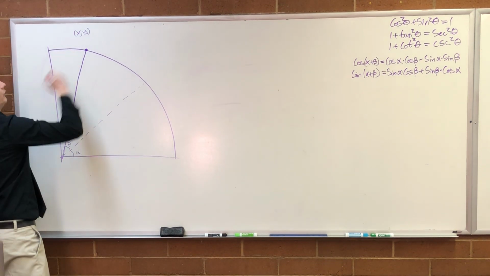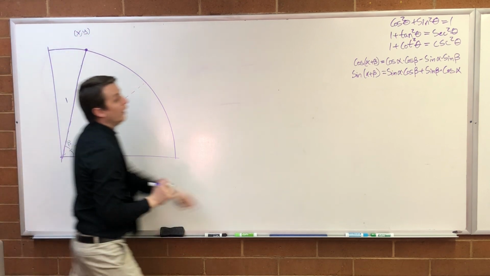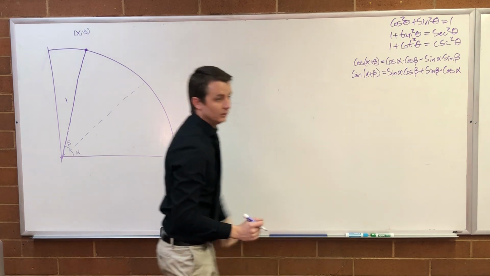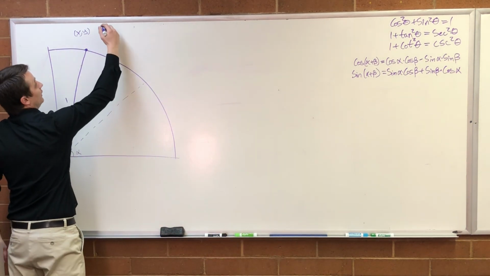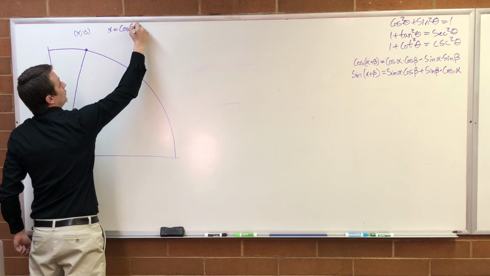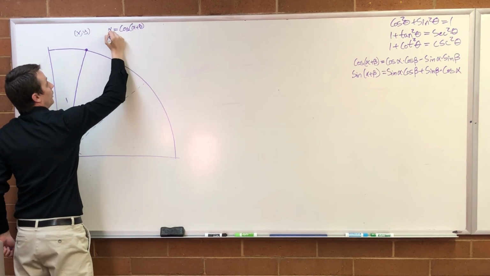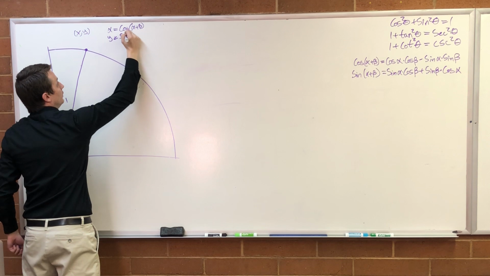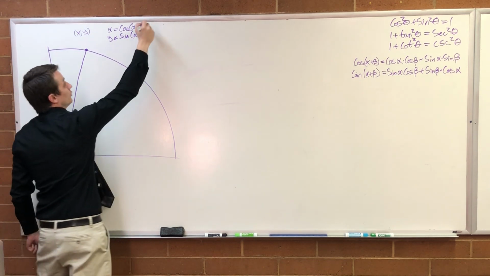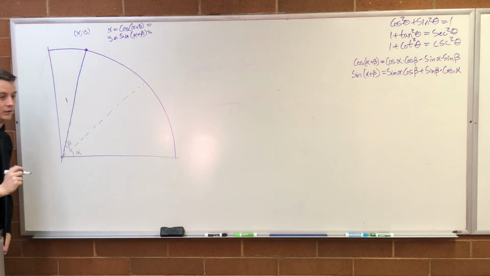Does everyone understand how if I find this x and this y, I just barely prove these two? If I show that they're equal to this. Because whatever this x is, we already know x is equal to cosine at that angle, which is alpha plus beta. And I already know that y is equal to sine at that angle, which is alpha plus beta. Okay? So I'm trying to finish these two. You with me so far?